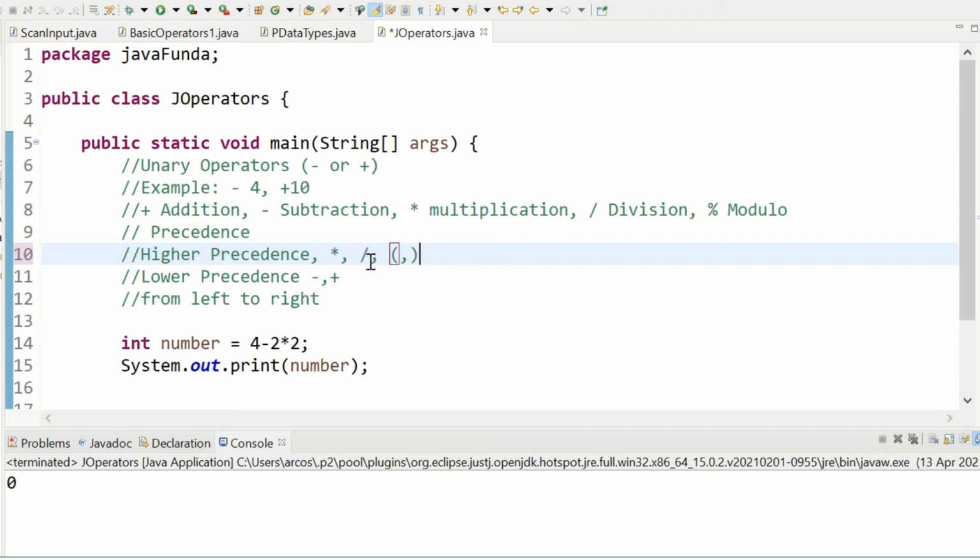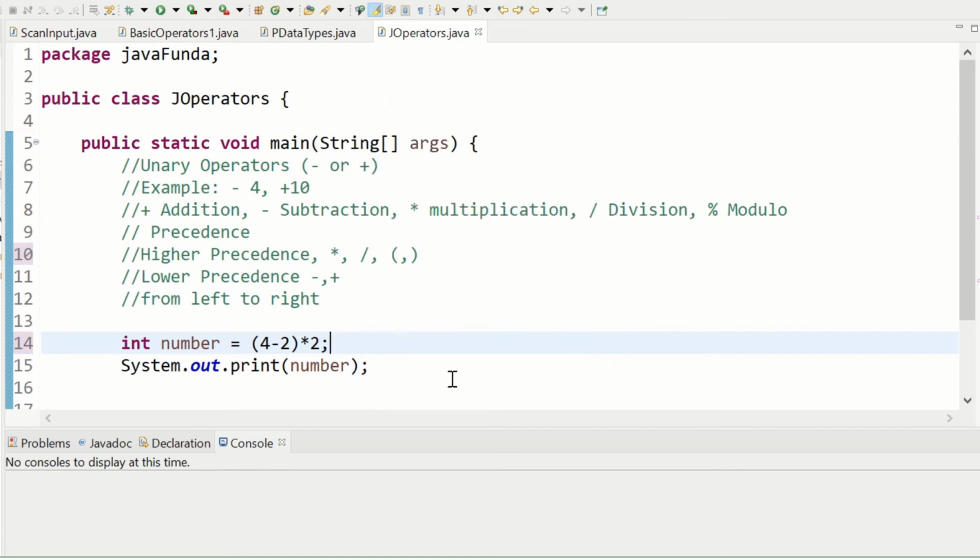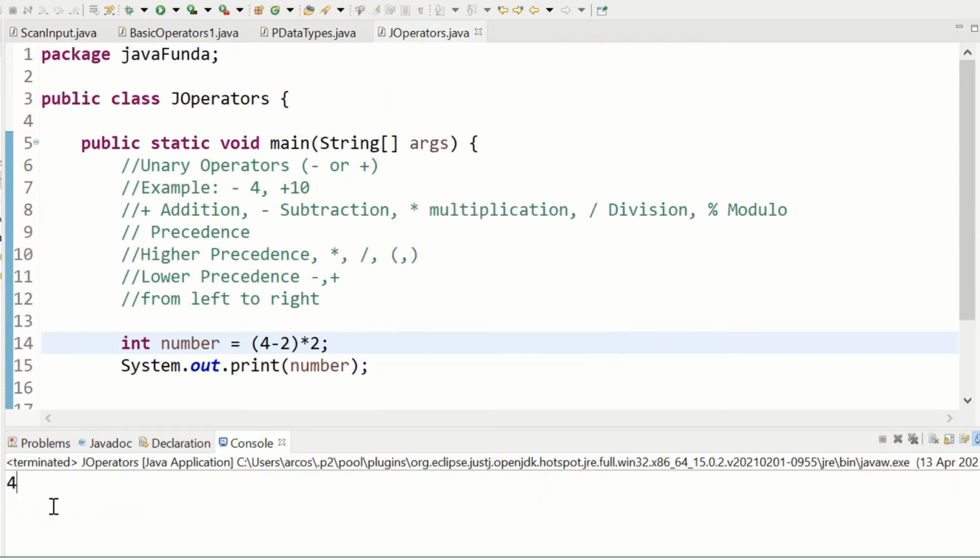Once the compiler encounters them, whatever is inside the parentheses will be the first thing performed. So let's say we put parentheses on this, then that means we will perform 4 minus 2 first before we multiply it with 2, and in that case it will give us a value of 4. So the result now is 4.